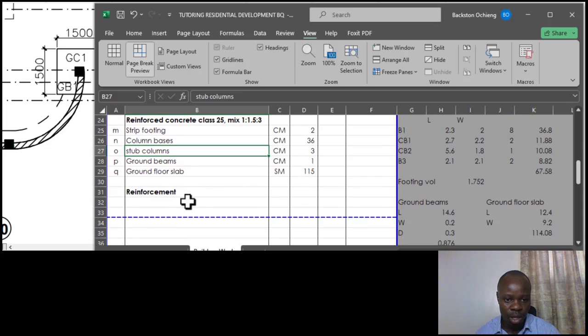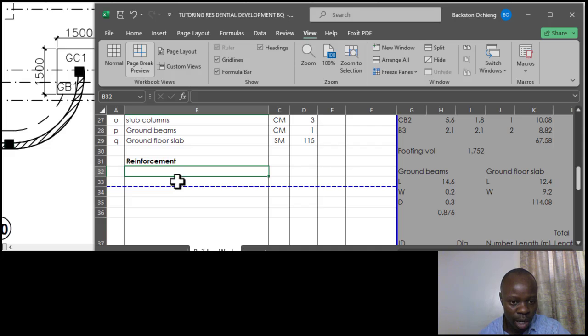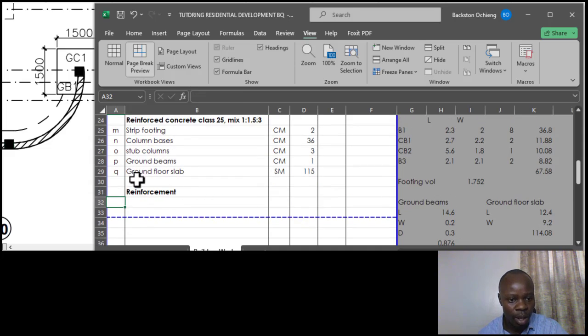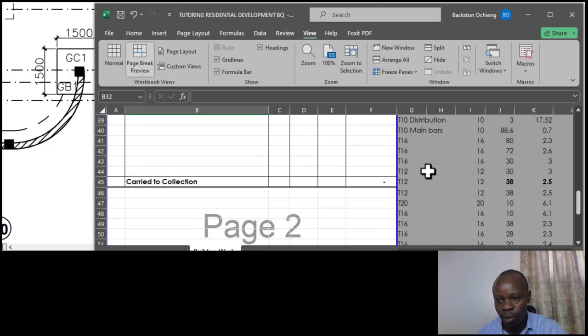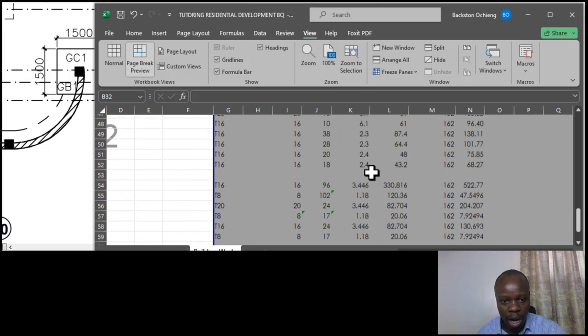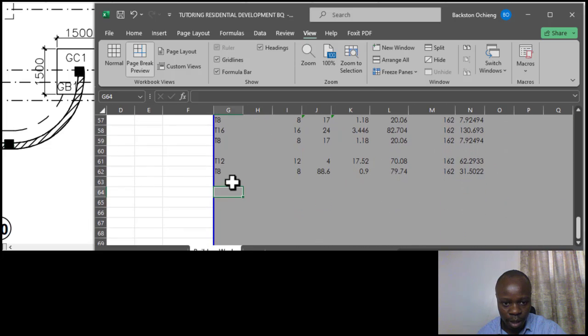Alright, so that stated, we'll go straight and make our description. So this is item R. First of all, I always prefer that you start with the smaller one, which is now T8. So I'll give a summary. So I can give a reinforcement summary.